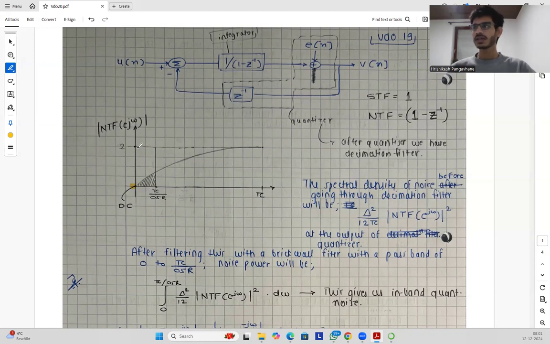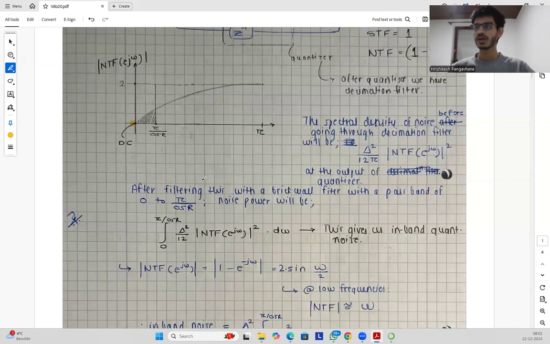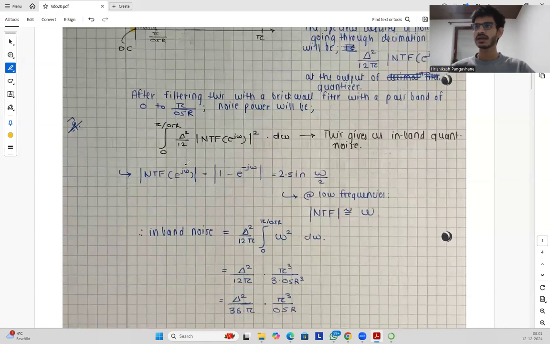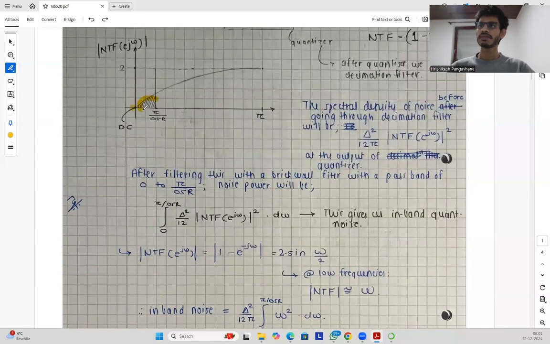Then we talked about the spectral density and the magnitude of NTF. At lower frequencies, the magnitude of NTF comes out to be omega. Then we integrated the in-band noise.